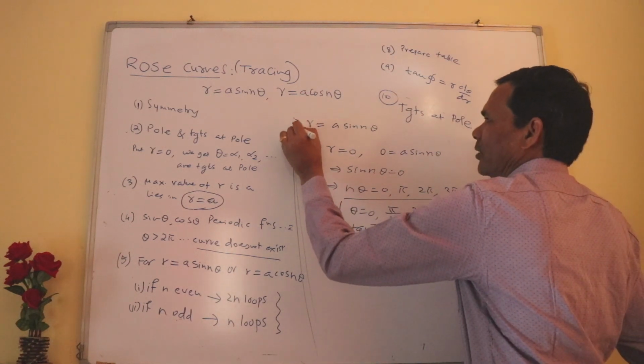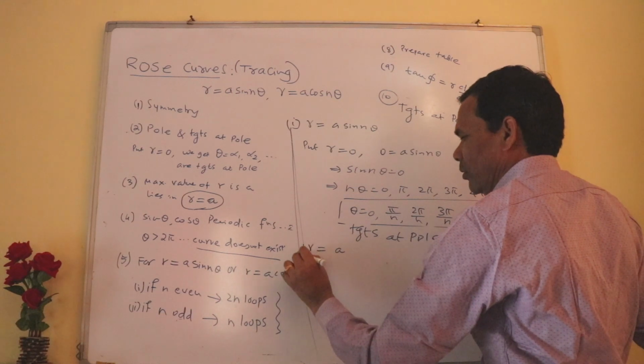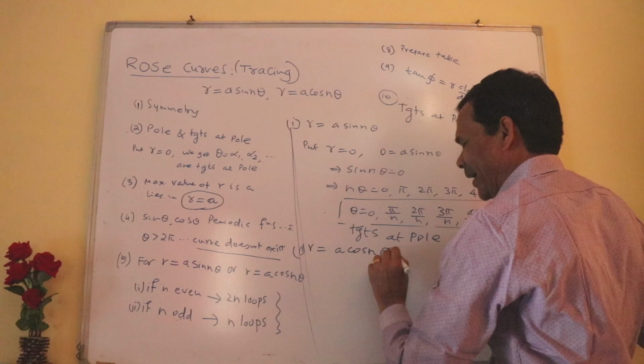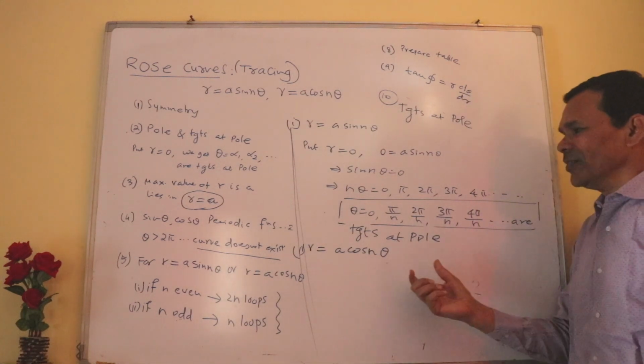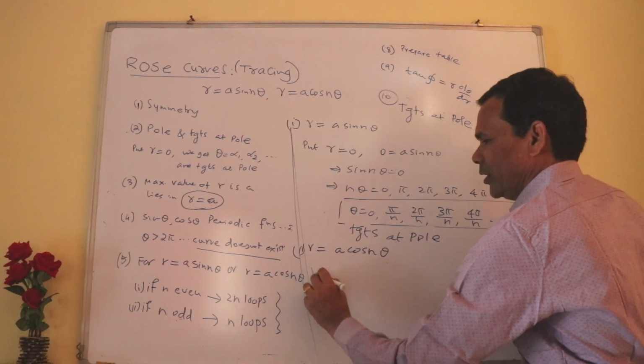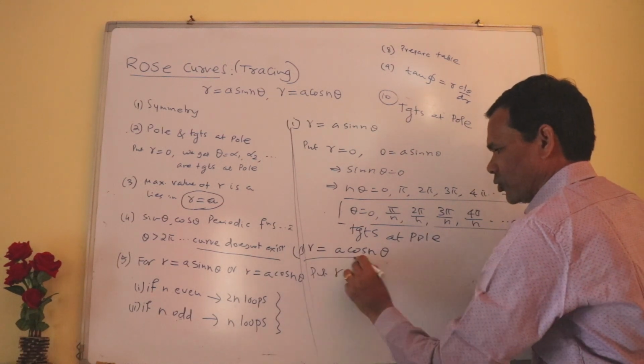Similarly, for the second curve r is equal to a cos n theta, we also put r is equal to 0 in the equation of the curve.